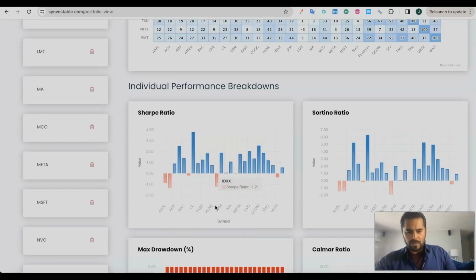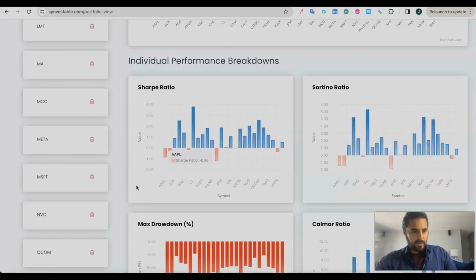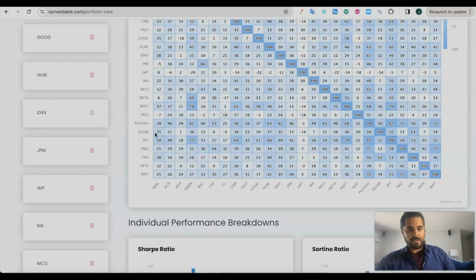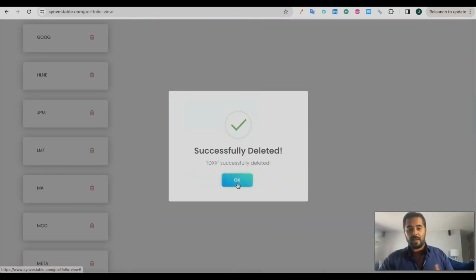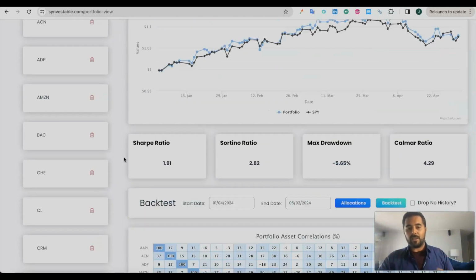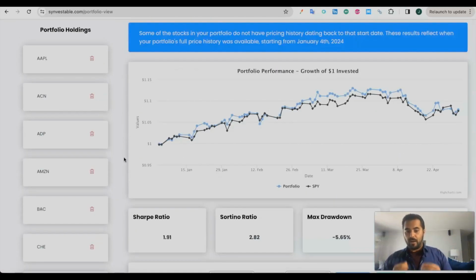Let's do one more. What is this one here? IDXX. Where are you? We're going to erase this one. So you can see the process of this is I'm kicking out the ones that, in this particular market regime, are underperforming the market. So maybe I don't want to hold on to those in this market regime.